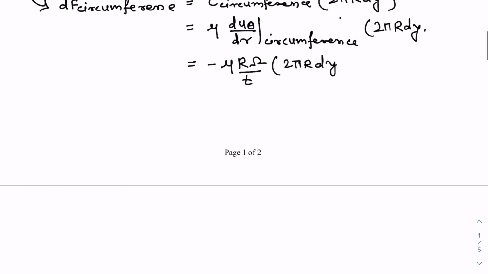So the total force can be obtained by just integrating these small forces acting on small area elements.